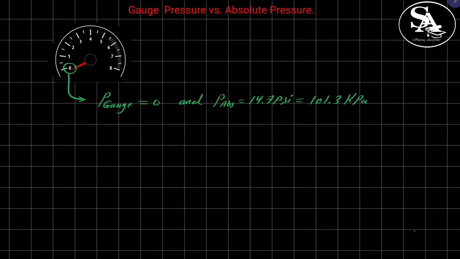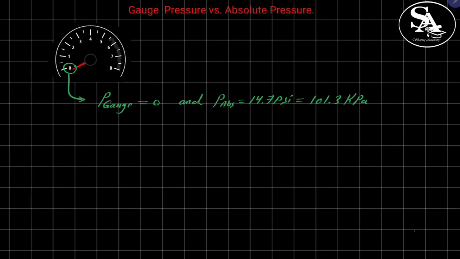Of course, psi stands for pound per square inch and ABS stands for absolute. Basically, the absolute pressure is the standard atmospheric pressure of the Earth, which is 14.7 psi or 101.3 kilopascal.